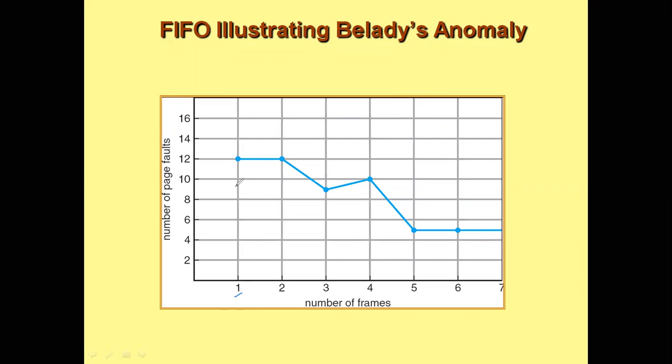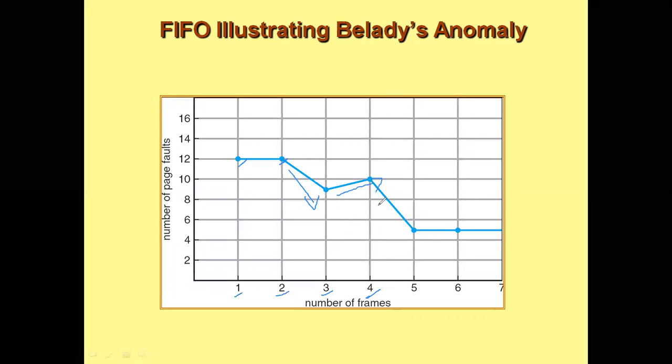At 1, definitely the page faults are high, because the number of frames is very small. At 2 also it is consistent. At 3, as you have increased the frames, the page faults have reduced. It's a good sign. But at the 4th frame, you have increased the number of frames, but the page faults have increased.